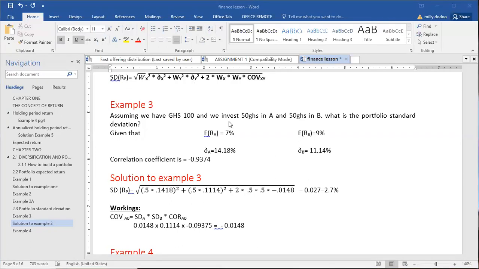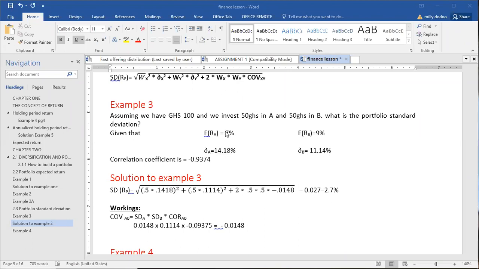Now, if we said expected return is 7%, what does it mean? If we said expected return is 9%, what does it mean? If we said standard deviation is 14.18, 11.14, what does it mean?